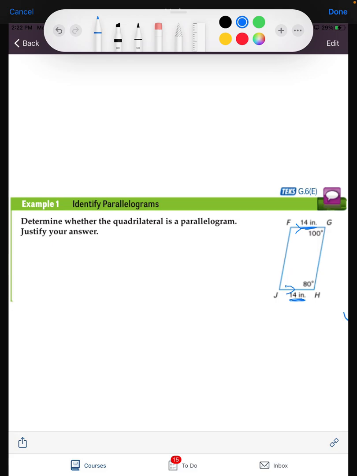So if we have parallel lines, then we know our consecutive interior angles are going to add to 180. So let's test. Does 100 plus 80 equal 180? Yes.